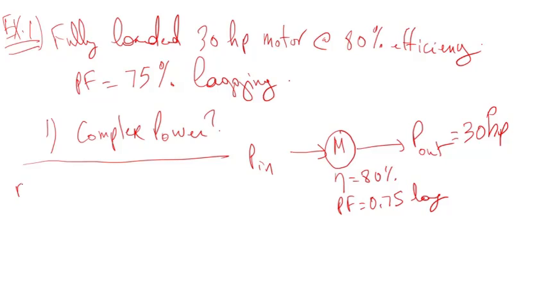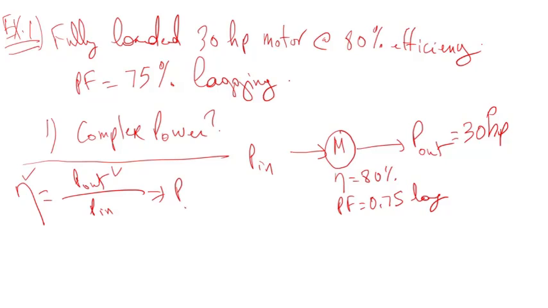So efficiency, basically you take what is the output you get given an input. So it's Pout divided by Pin. I know efficiency, I know Pout, I can calculate Pin.